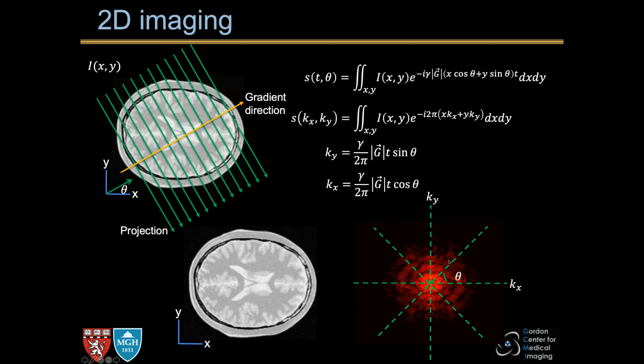If we plot the samples in this direction, we'll see that the k-space samples are along a radial trajectory in k-space. So this is a direct consequence of the central slice theorem in CT reconstruction.